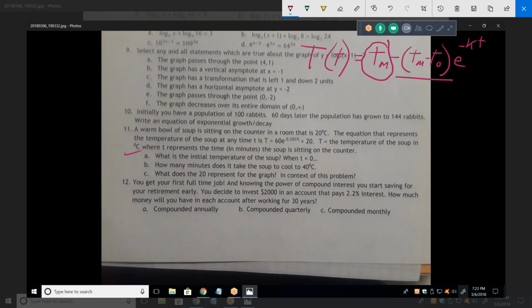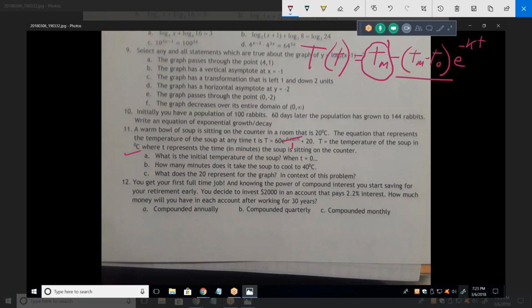So e to the 0, all of that becomes 1. Now, what is 60 times 1 plus 20? In other words, forget this for the moment.